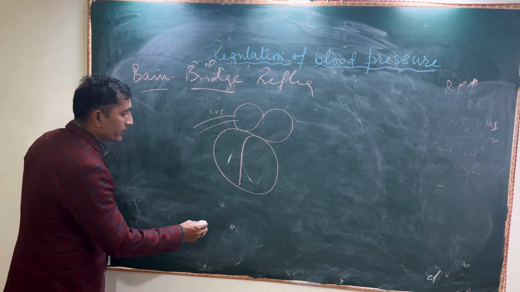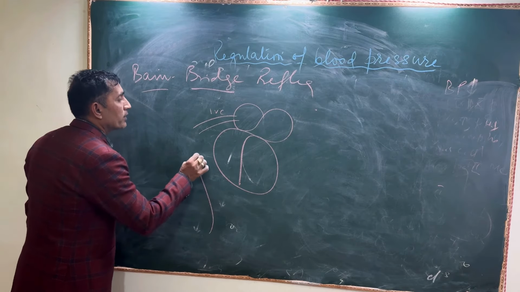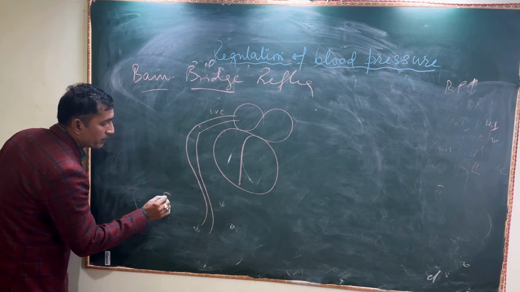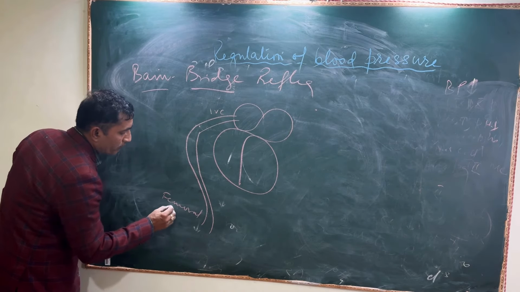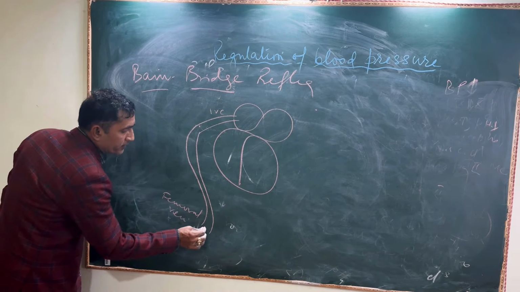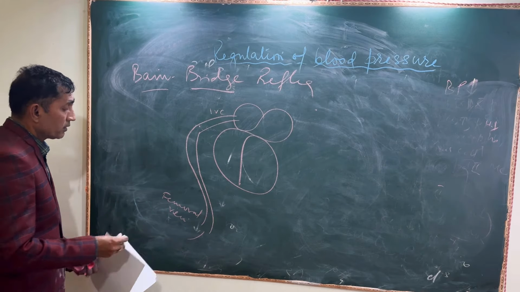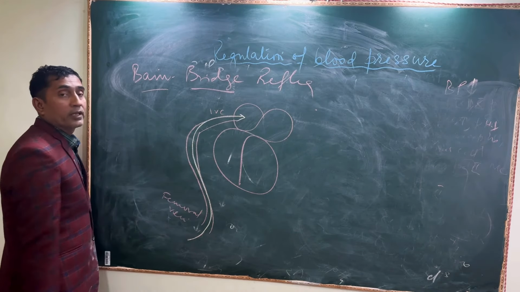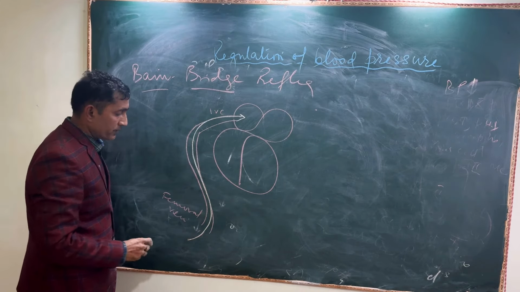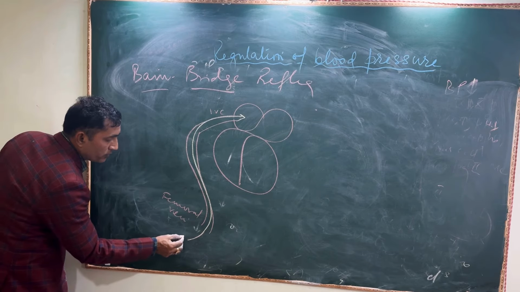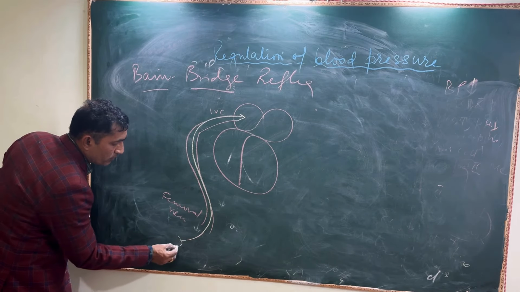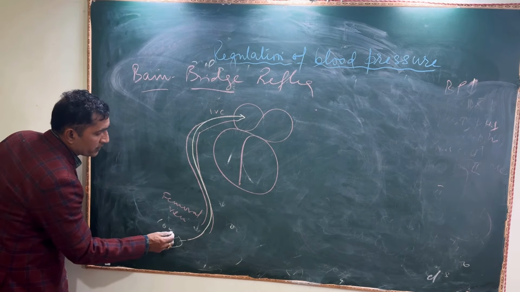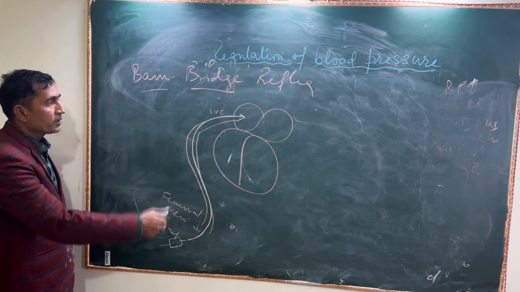If we put a catheter in the femoral vein, and the tip of the catheter is in the right atrium, and if you push with the help of a syringe and put 10 milliliters of saline quickly, then what will happen?